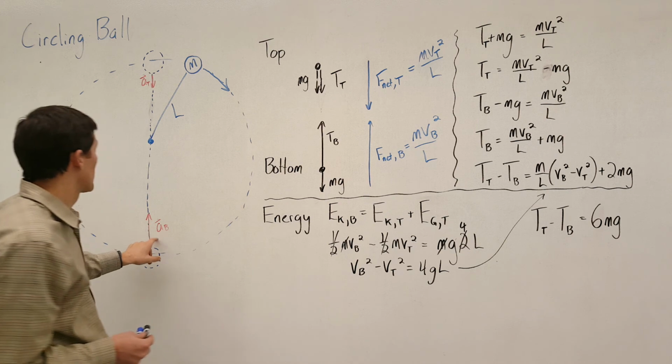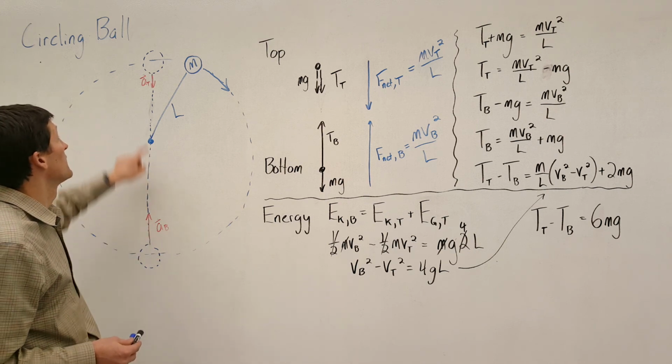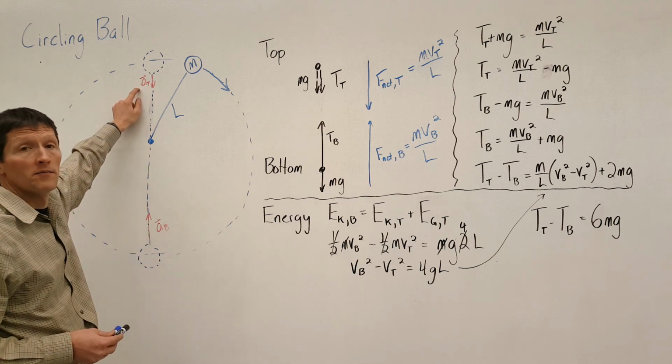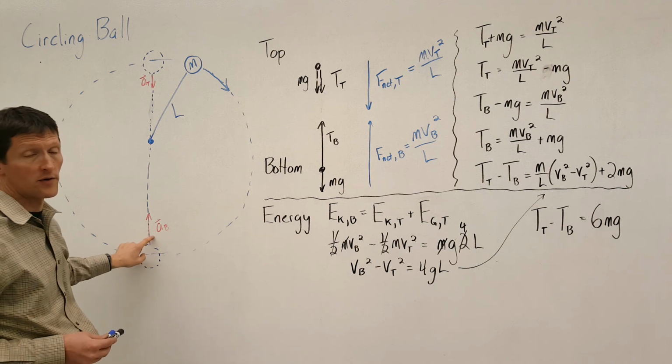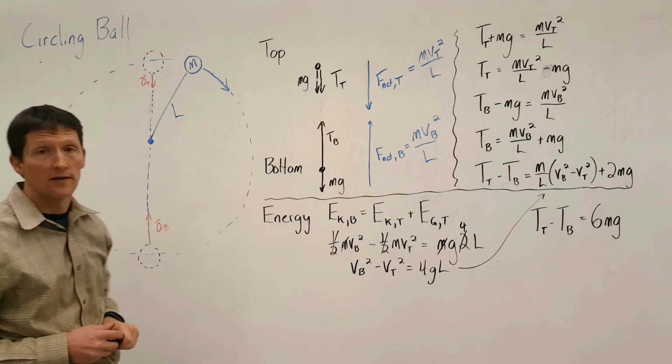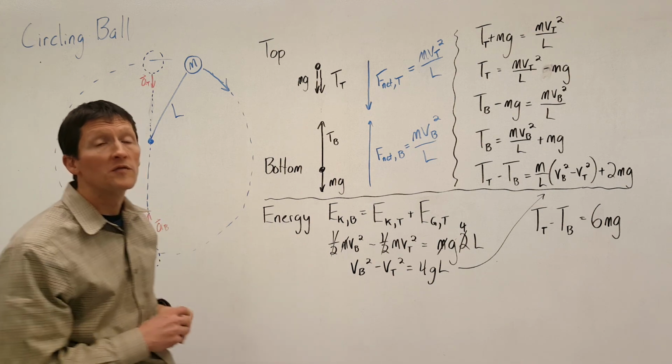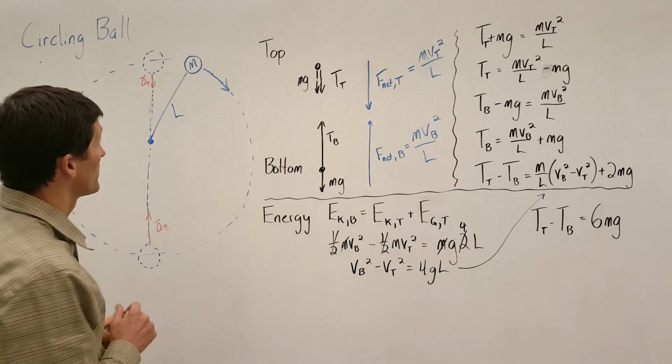And I expect that the acceleration would be bigger at the bottom than at the top, because it's moving faster at this point. And I remember that centripetal acceleration is related to the speed of the object squared.